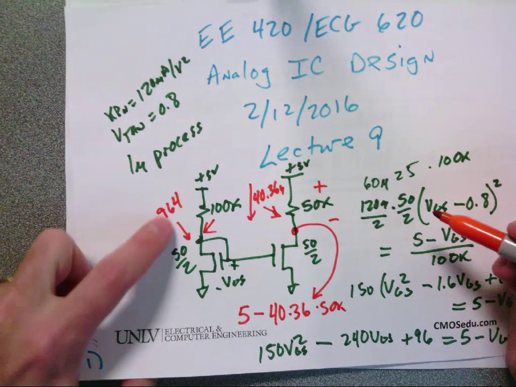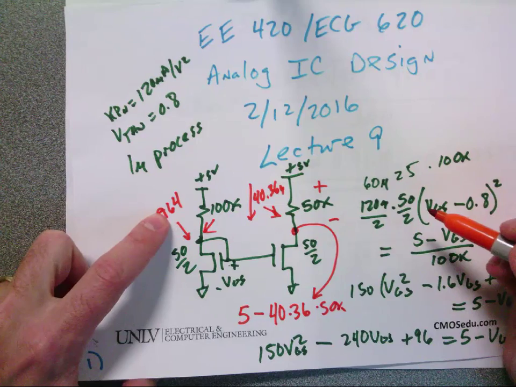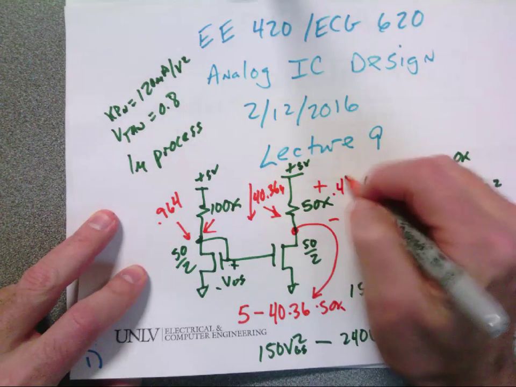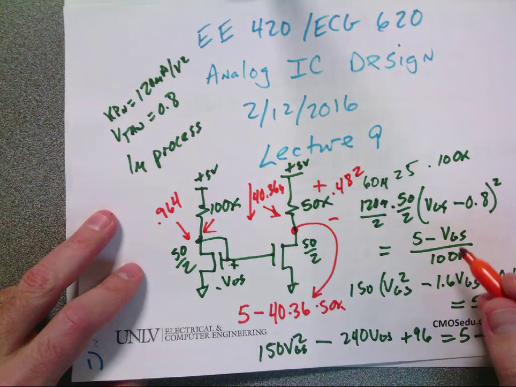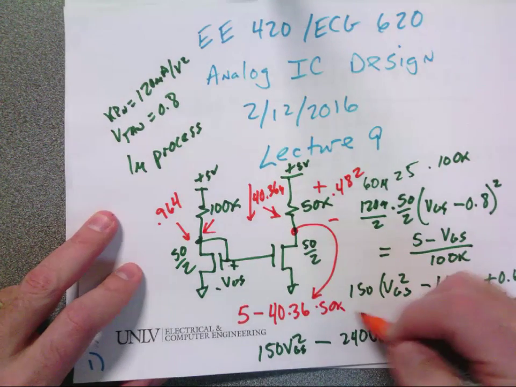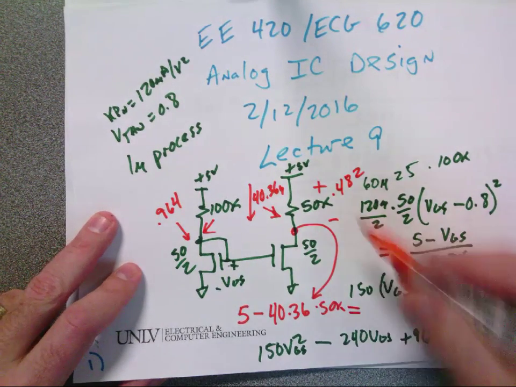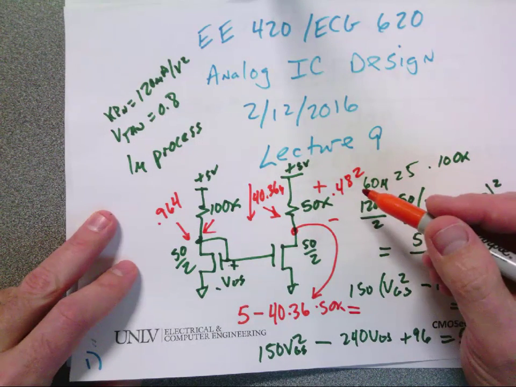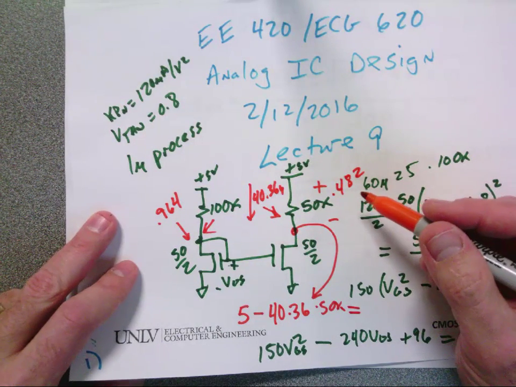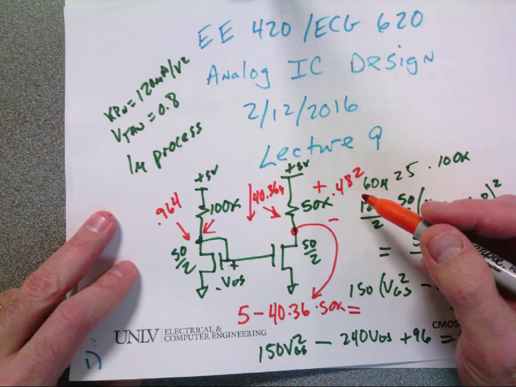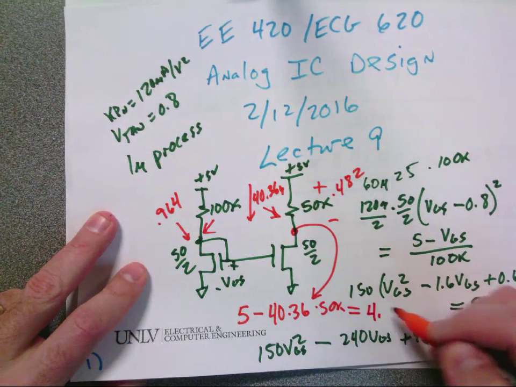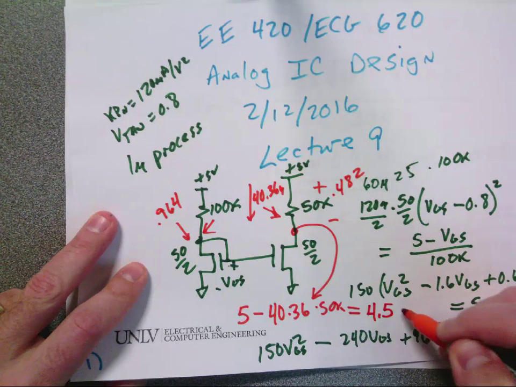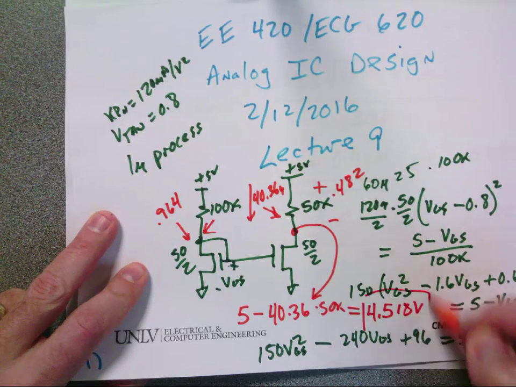So 0.45 plus 0.32 is 0.482. Is everybody okay with that? So then what's the answer though? Because if you do that, you'll lose a point. What's the answer? .518 volts.